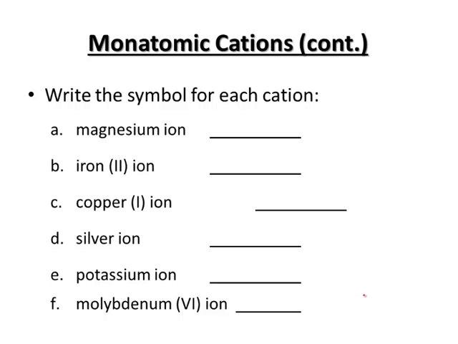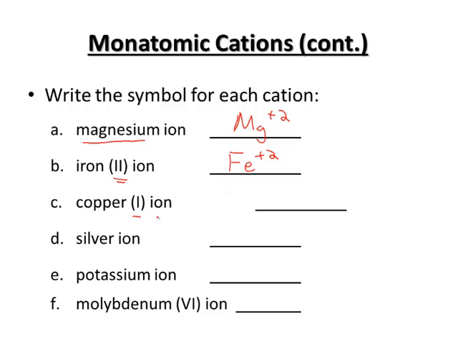To write the symbol for each cation: magnesium is in group 2, so magnesium, Mg, is given a +2. Iron is one of ours in the transition elements. In this case, iron with a Roman numeral II would be iron with a +2.